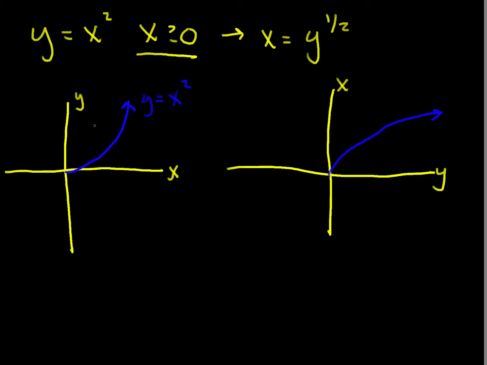Really all we've done is flip this whole world along the diagonal. So the x goes up here and the y-axis just comes around down here.